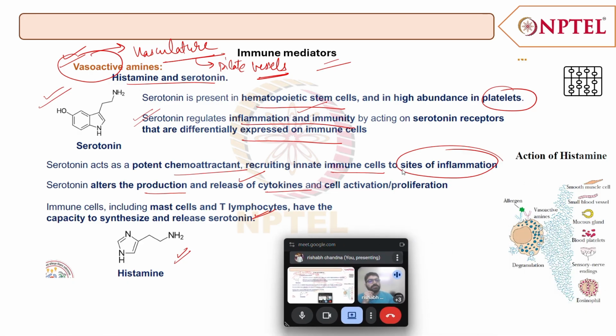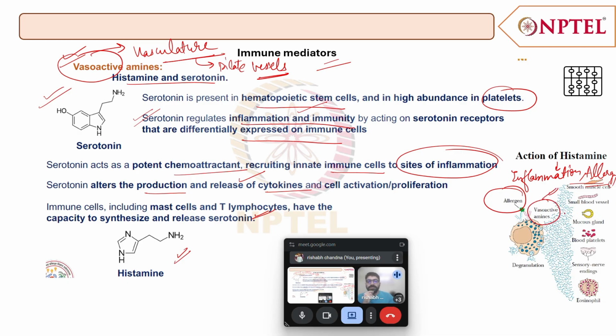Okay, then we have studied histamine. Histamine is a major molecular mediator in inflammation and allergy. This is what happens when an allergen sits on any of the eosinophils or any of the allergy-prone cells. Then they release vasoactive amines like histamine.